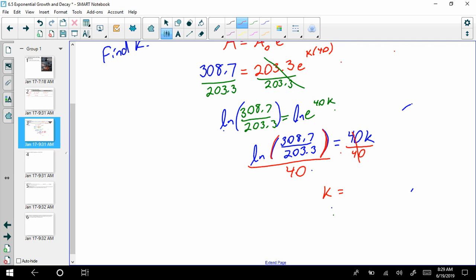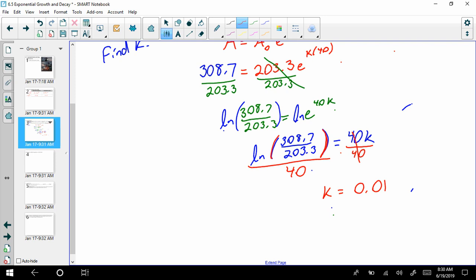I will tell you, if you do this correctly, our k value comes out to 0.01 with rounding. Now, on MyMathLab, when you work on this assignment, they might ask you to round k to a certain number of decimal places, so make sure you pay attention to how they want you to round.